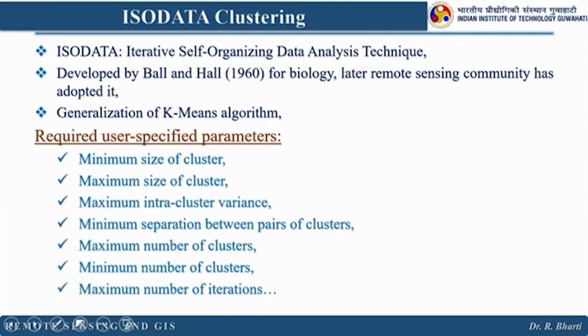So let us talk about the minimum size of the cluster. Here it requires the minimum number of pixels you want in each cluster, right. If you say that I need at least 5 pixels in my cluster, then that is fine on that basis.